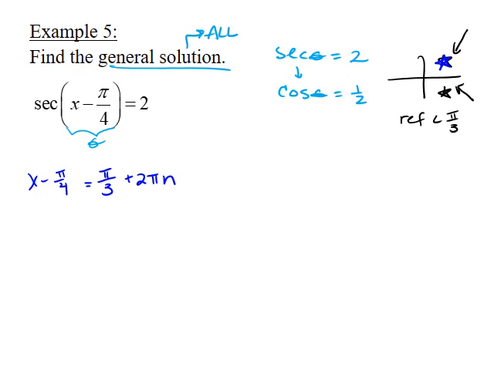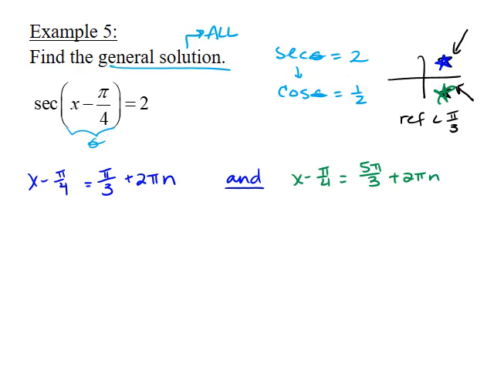That's the first solution. But we're going to have to manipulate this a little bit. The other solution is going to be the angle in the fourth quadrant. So x minus pi over 4 is equal to 5 pi over 3 plus 2 pi n. If you struggled with that, pause it and come back to it.